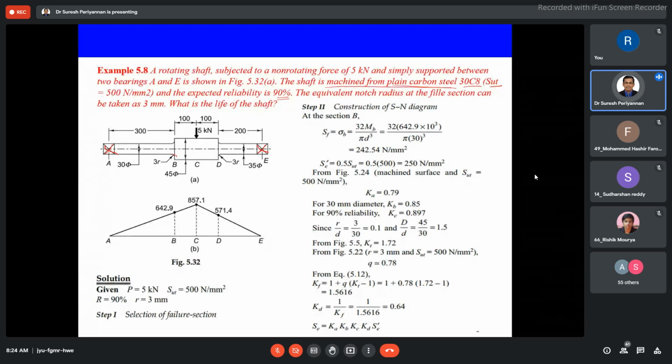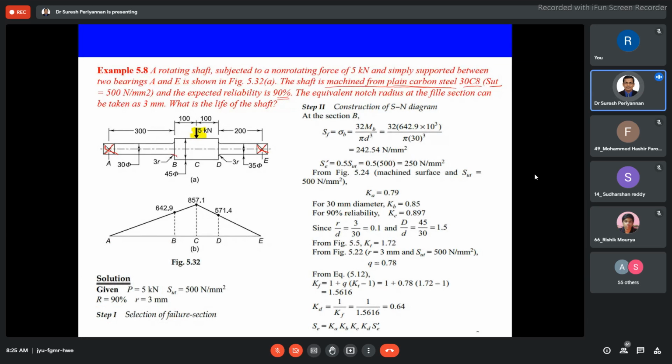What is the life of the shaft? We are going to discuss that only. Here the load is acting at the mid portion of the shaft.